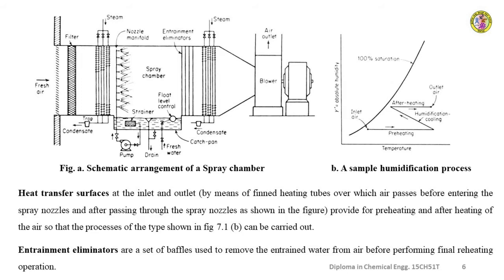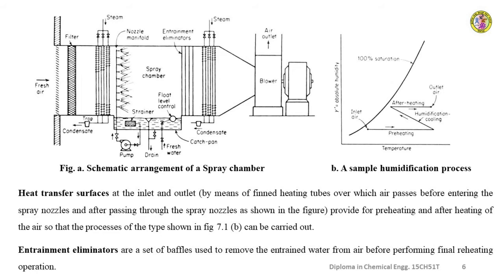Then the other important parts of this chamber are a set of heating coils or heating tubes, usually finned type of heating tubes, arranged near the inlet and also near the outlet. These are required to perform preheating and reheating operations in the given adiabatic humidification or dehumidification operation.